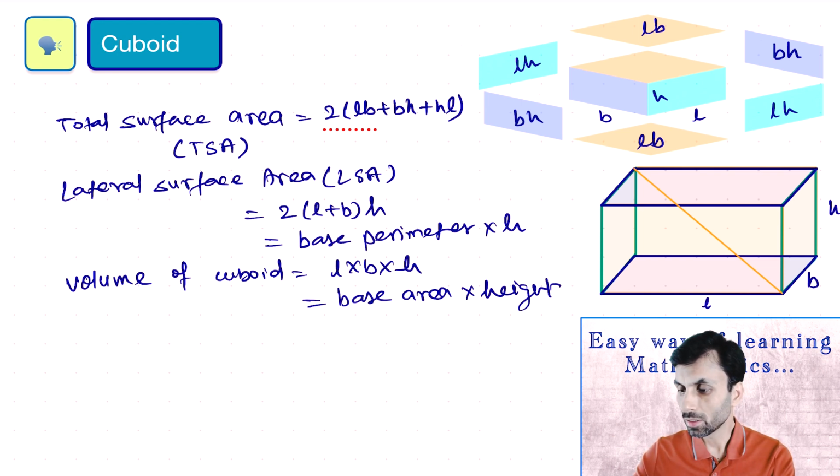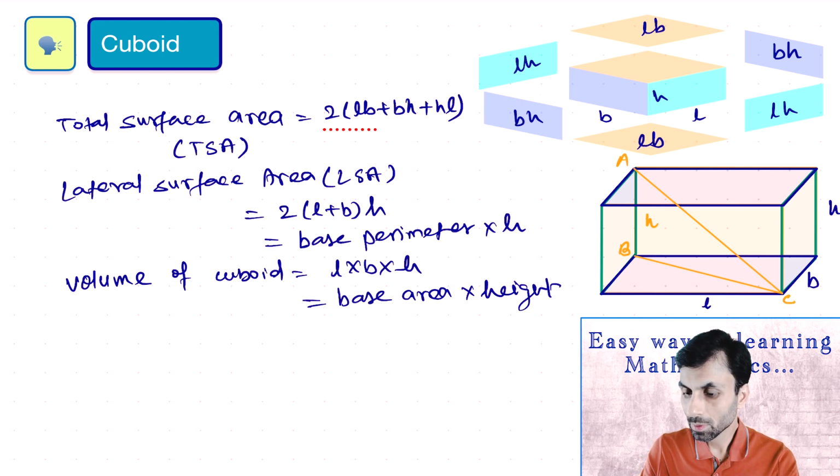As we know, the height is H, and if we also join these two corners and name them A, B and C, then the value of BC will be equal to the square root of L square plus B square, as the base is a rectangle. This angle will be 90. And then we have AB equal to H. Here also the angle ABC will be 90 degrees.